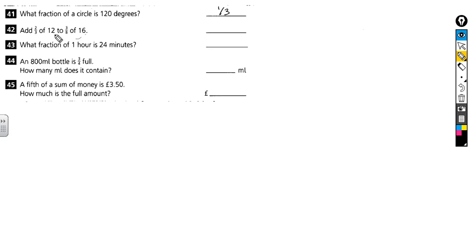But the way most children at this point will normally do it is to think, okay, what's 2/3 of 12? Well, what is 1/3 of 12? To find 1/3 of 12, I need to divide 12 by 3, which gives me 4.